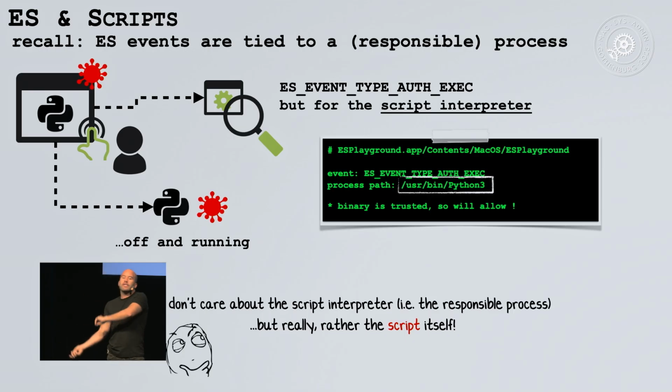So when an Endpoint Security message comes in, what we can see is who is responsible for that. But in the case of scripts, that's just going to be the script interpreter. It's going to be Bash. It's going to be Python. That really isn't helpful to us. Those are trusted Apple platform binaries. What we really care about, though, is the actual script that is running, so we can check, for example, is that malware or not.